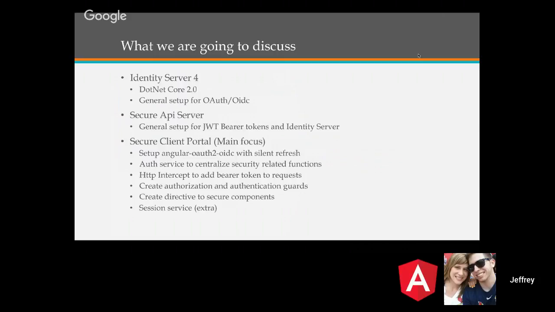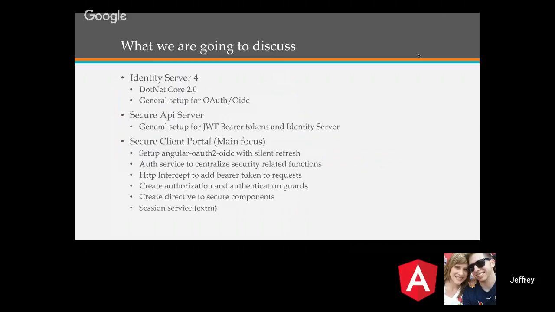When I say client portal, this is the Angular site, right? It's going to be using the Angular OAuth2 OpenID Connect NPM package. It's the one I found that I like the best. It was easy to configure, get it up and running against the identity server, and minimal setup.